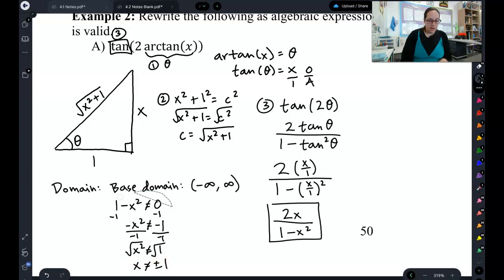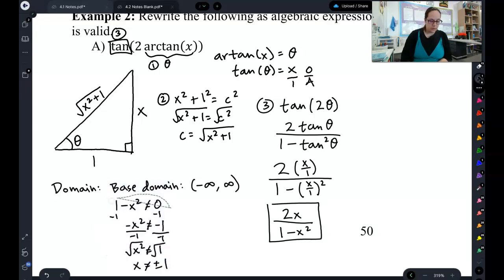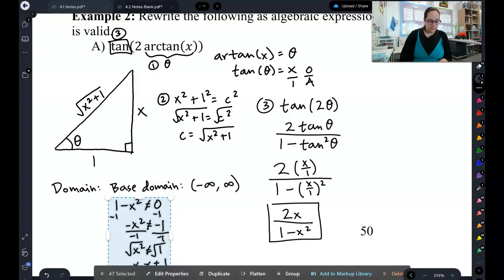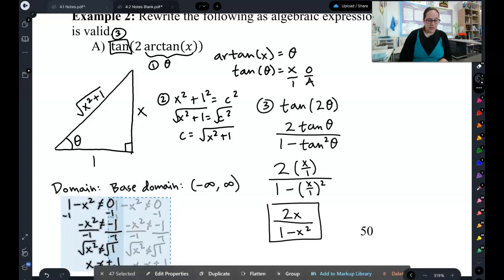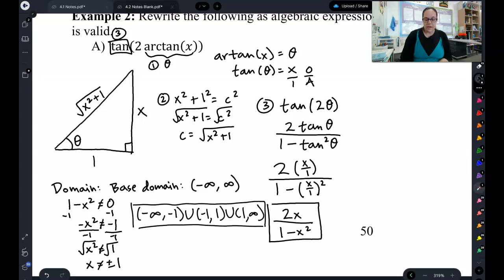So my final domain will be negative infinity up to negative 1, negative 1 to 1, and 1 to infinity. So basically, negative infinity to positive infinity, I just can't include those because of the denominator.